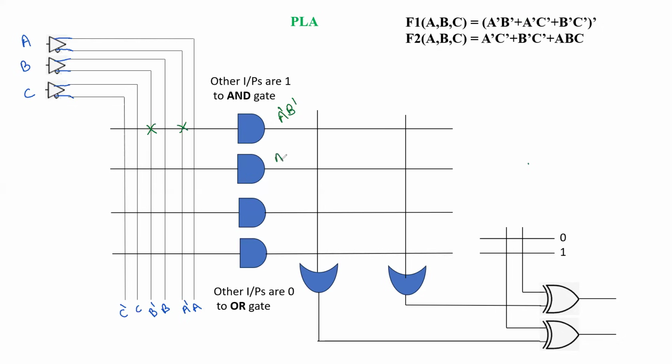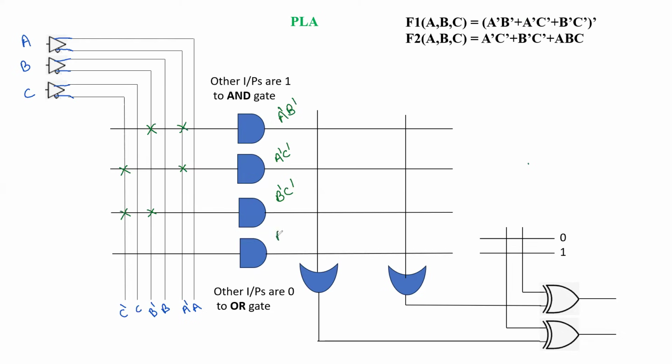The second AND gate we are going to take for the product term A dash C dash. So again we have A dash here, and now we have another literal, C dash. The third AND gate we are taking for B dash C dash. So we have the connection here: at B dash we have a cross, and again at C dash we have a cross.